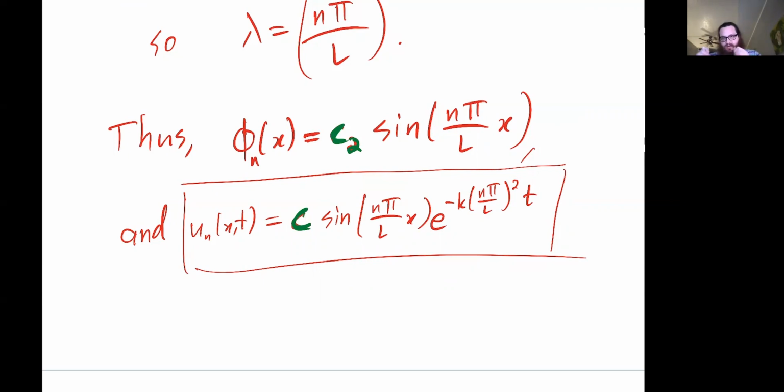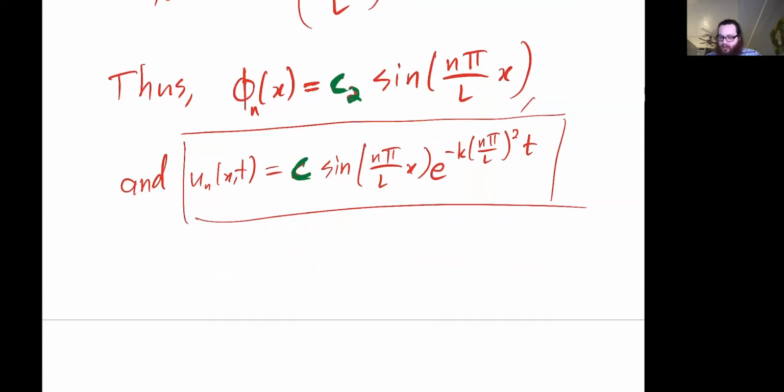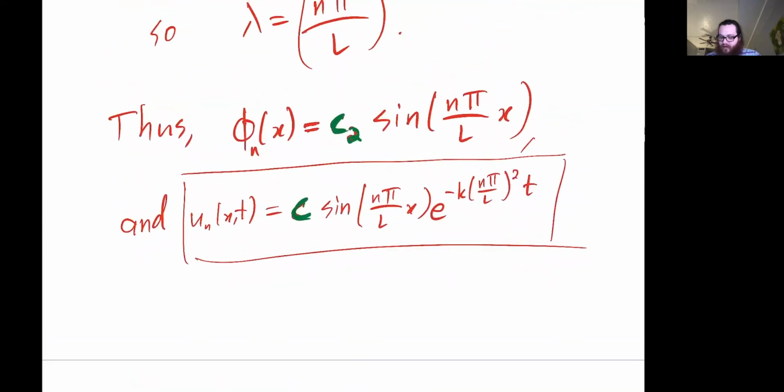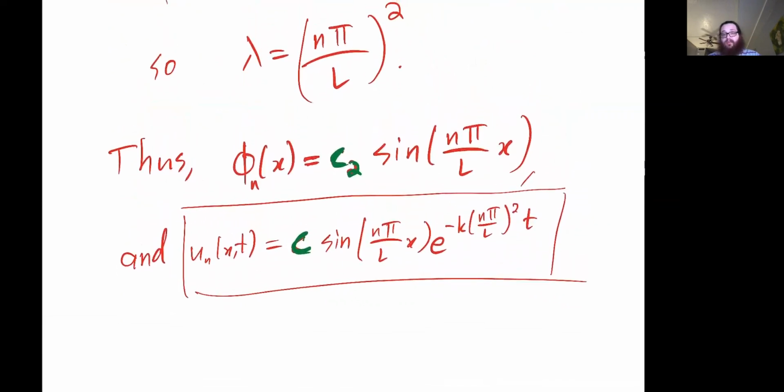These separated solutions, u is equal to phi times G, all these pieces must look like this. At least that's assuming that lambda is positive. So in this case, lambda has to be positive.